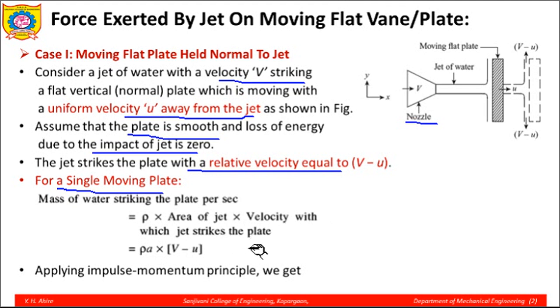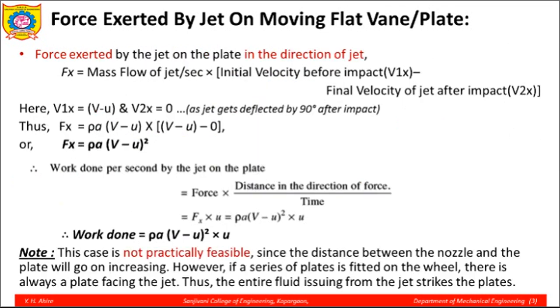As we know, this is the case of a single moving plate, the velocity of impact is the relative velocity V minus u. So mass flow rate is given as rho A into (V minus u). Thus we apply the impulse momentum principle to evaluate the force exerted by the jet on the plate, of course in the direction of the jet, that is x direction.